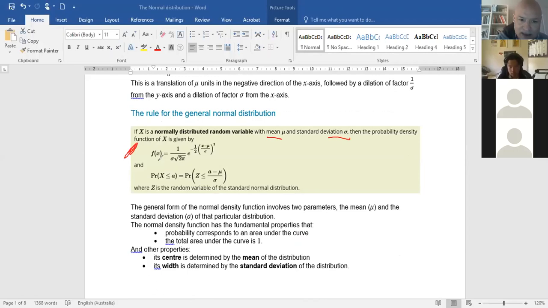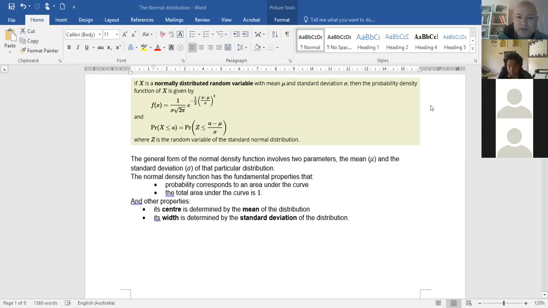You can see that is the standard deviation in there, and you can see in the bracket, it's x minus the mean, all divided by the standard deviation, all squared. Okay. The other thing that we can use is to convert from our x to our z, using the rule of x minus the mean divided by the standard deviation. That's our z random variable. So be aware of that. Okay. That's also important in this exercise later on.